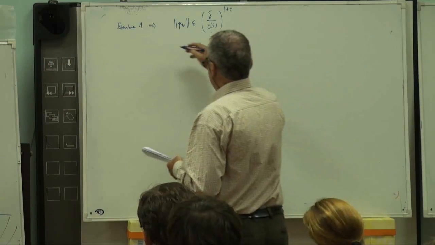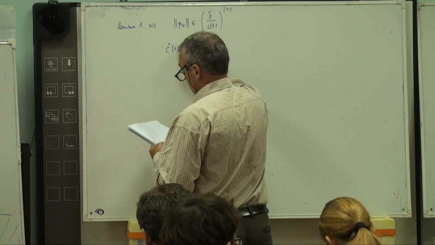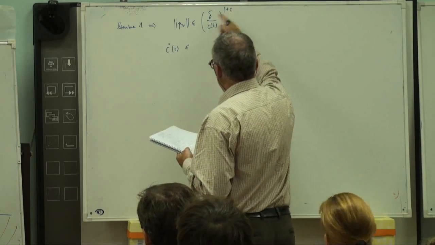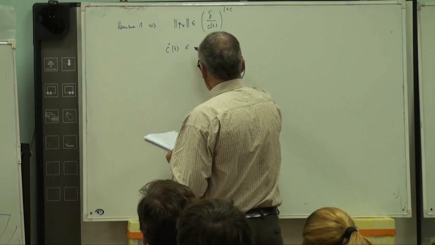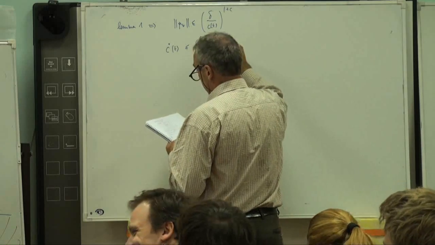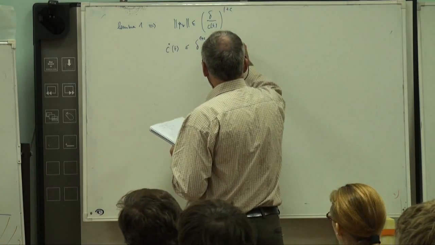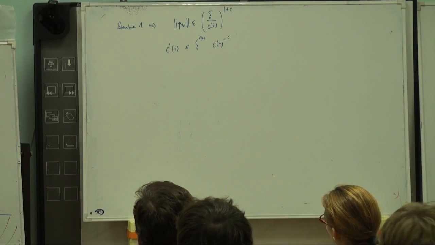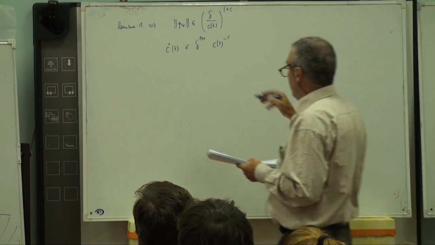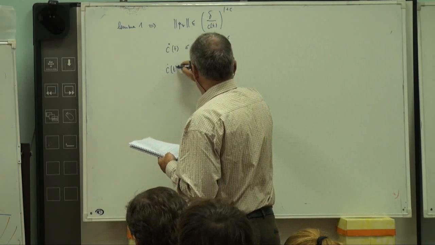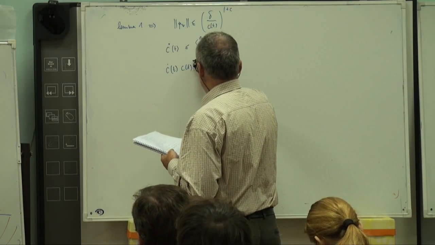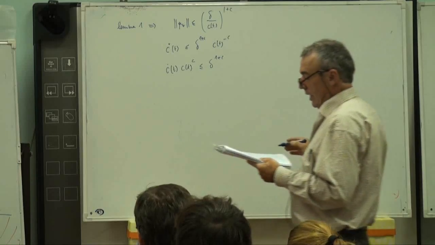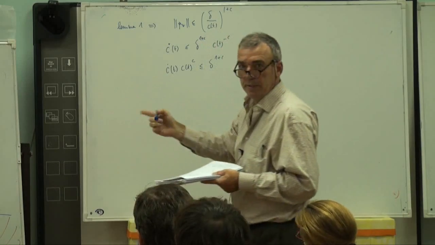So we get that Ċ(t) is less than, sorry, there are too many c's, but this c has nothing to do with this one, δ^(1+c) C(t)^(−c). It's ugly, I confess, but okay. So Ċ(t)C(t)^c is less than δ^(1+c), and then we can integrate, and we get the estimate.